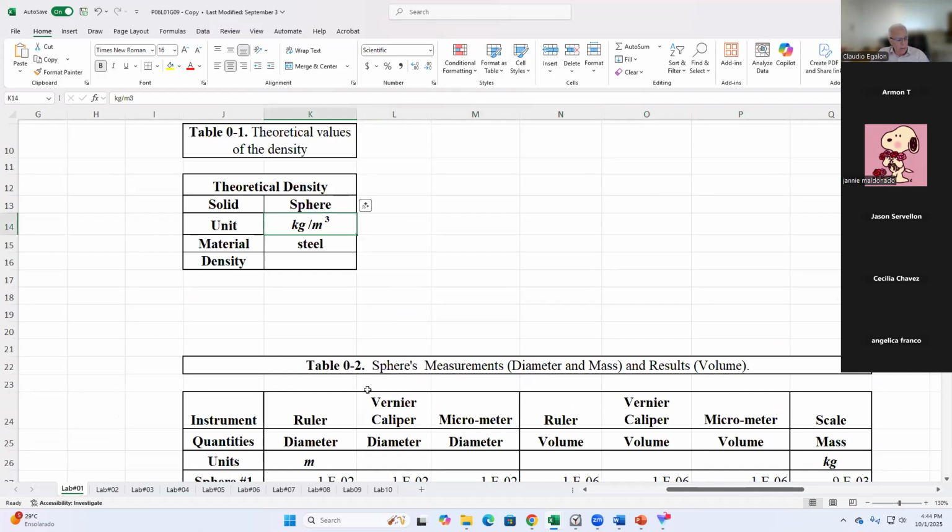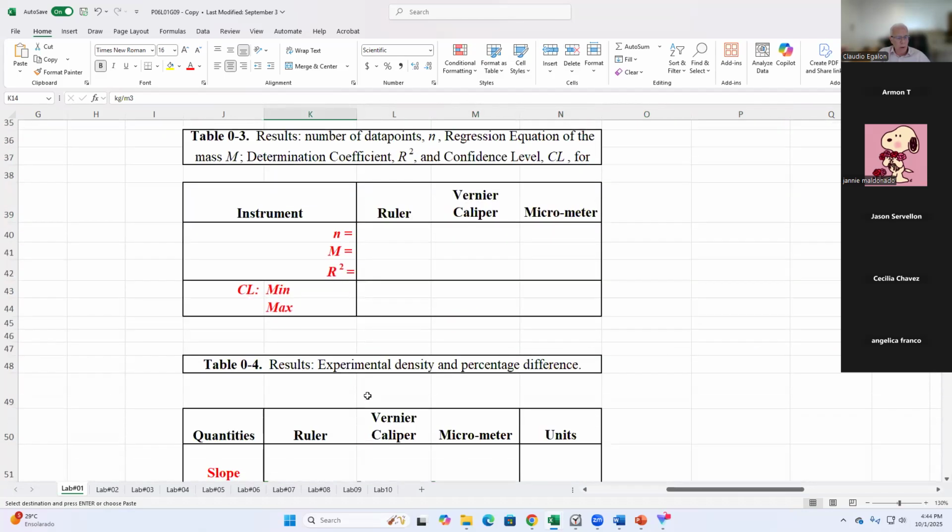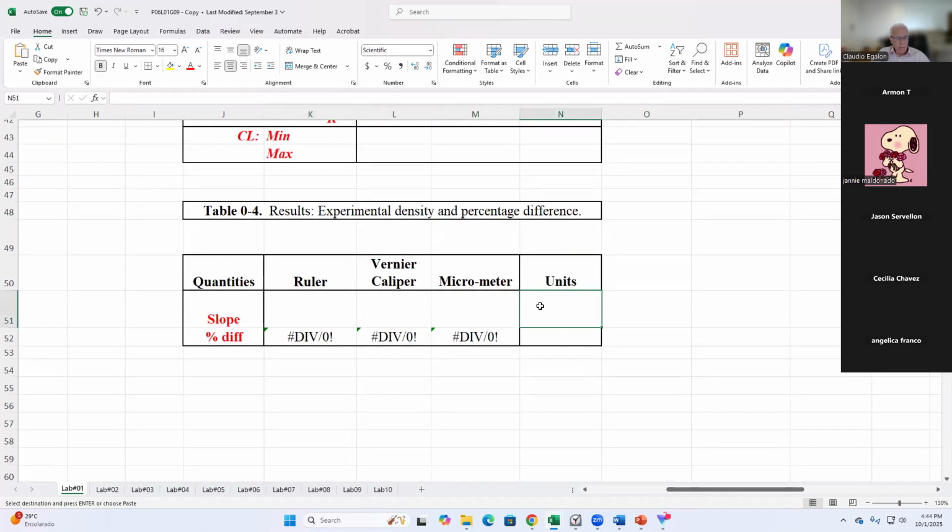That's what the unit of slope is all about: the unit of the kilogram divided by the unit of the volume. Okay, so you have to copy and paste here. And then you do the same for the percentage difference. For the percentage difference, you're gonna use the percentage sign. That's the unit of difference.